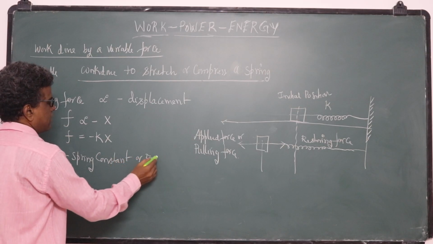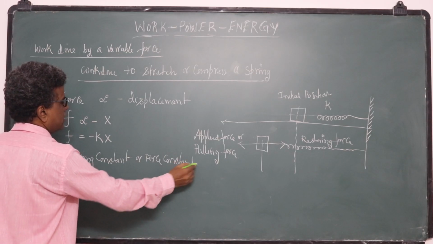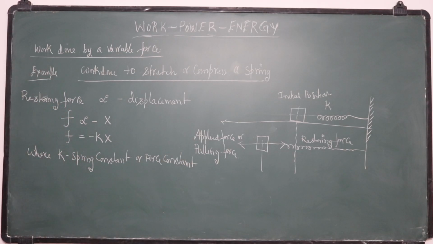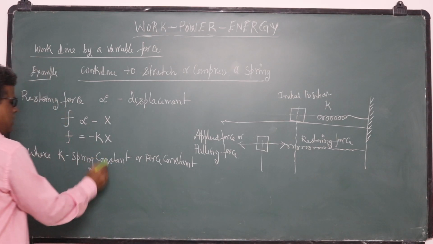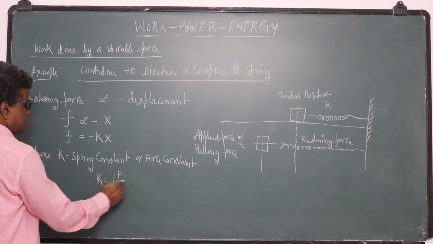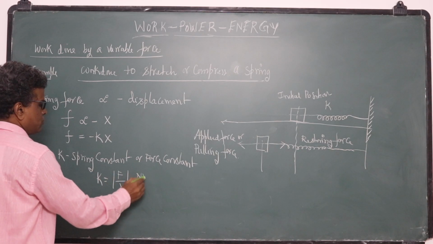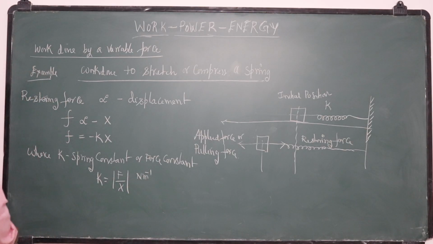We discussed this earlier in laws of motion. It has units: K is equal to mod F by x, with units newton per meter.